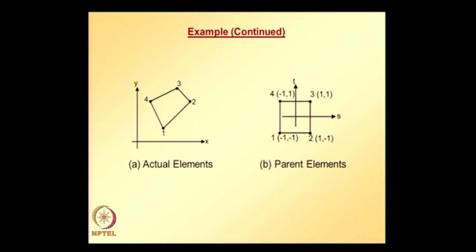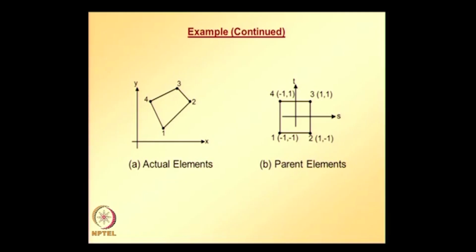The element shown in figure A is mapped onto the parent element, which is shown in figure B. The square element shown in figure B is used as a parent element for the actual element shown in figure A. Mapping from xy coordinates of the actual element to s and t coordinates is given by shape functions written in terms of the parent element.